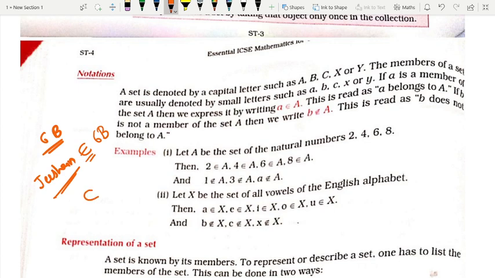And now if we are writing this sign and just cutting it, this means doesn't belong to. This sign means belong to.